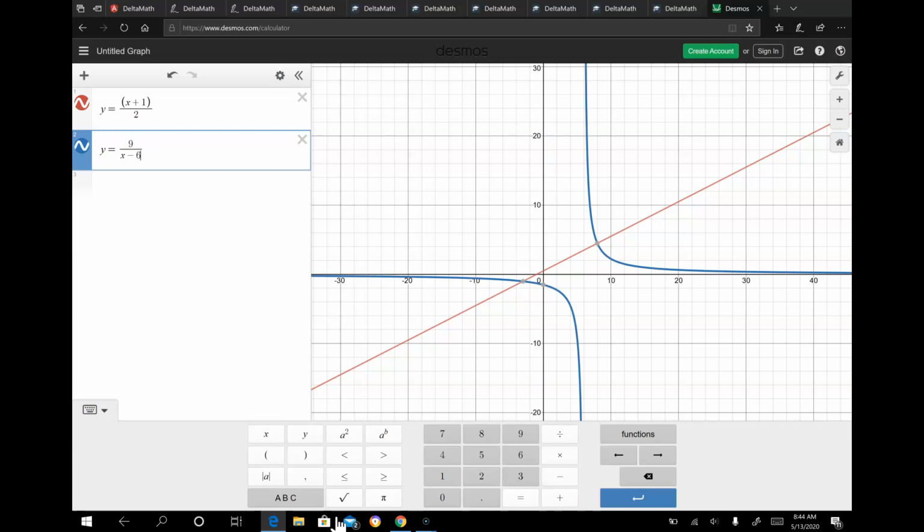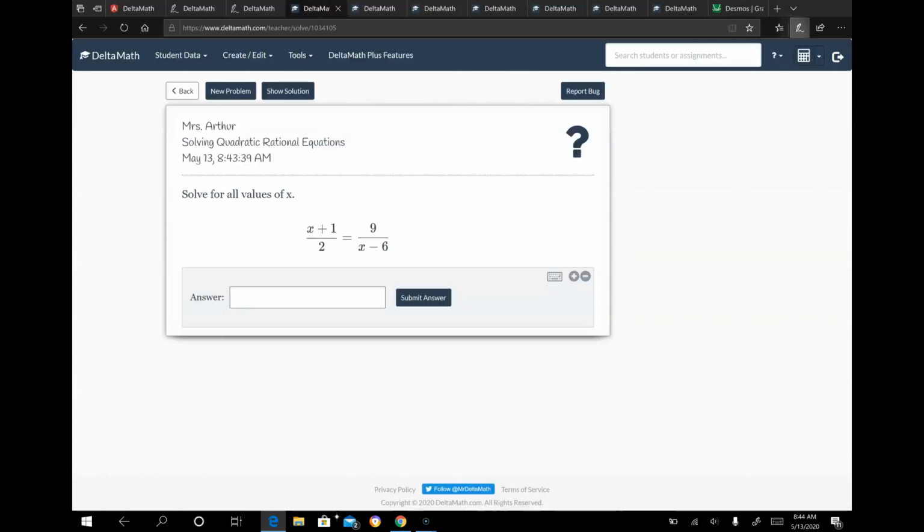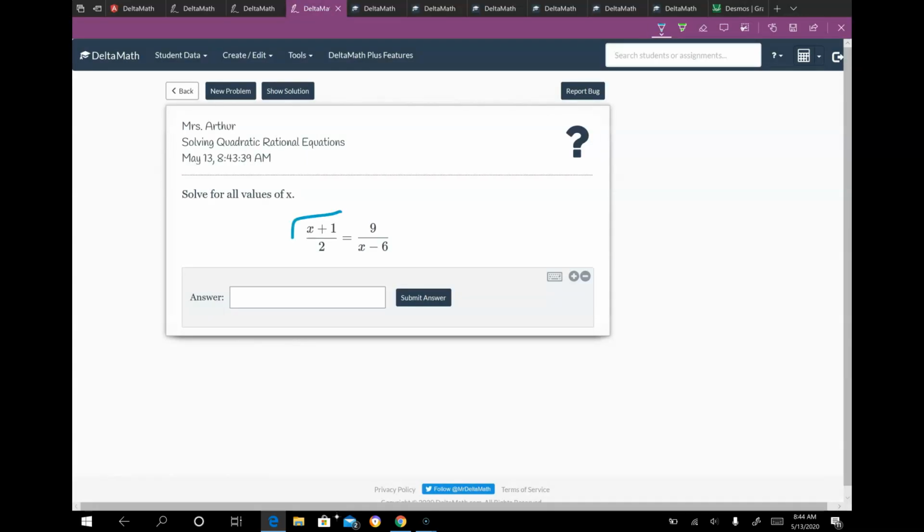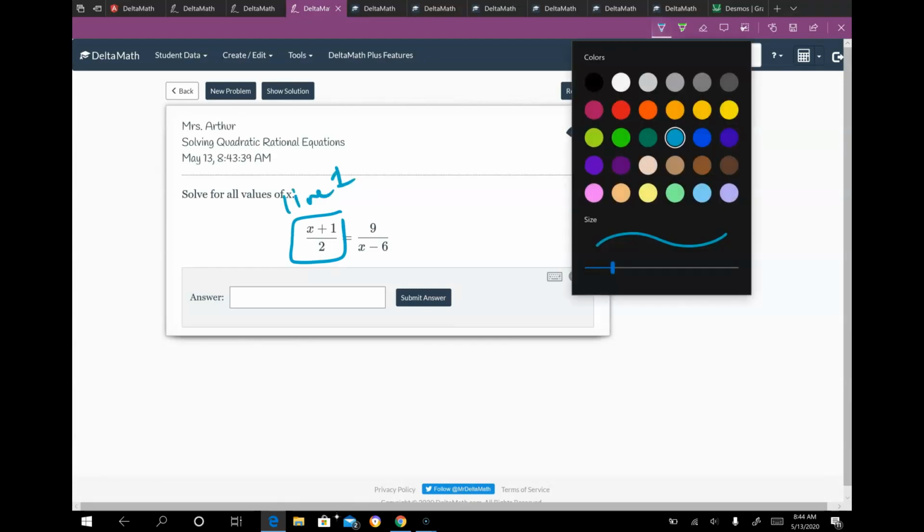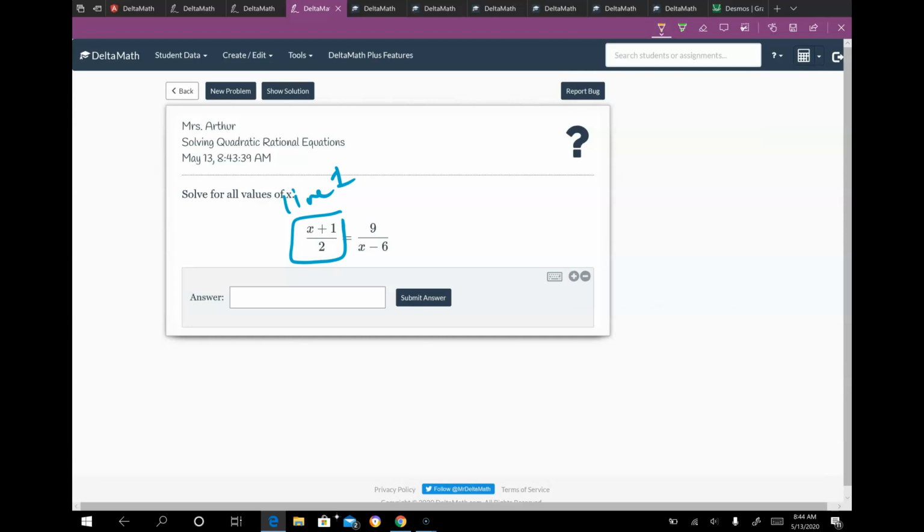Okay, so all we did was, this is left-hand side, line 1, okay, and then right side was line 2, okay. And we found their intersection.